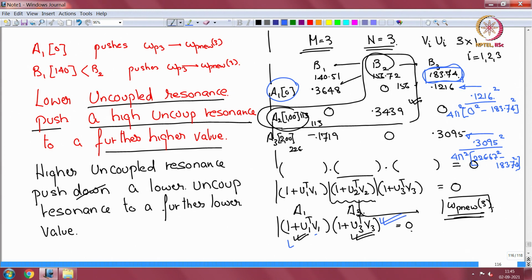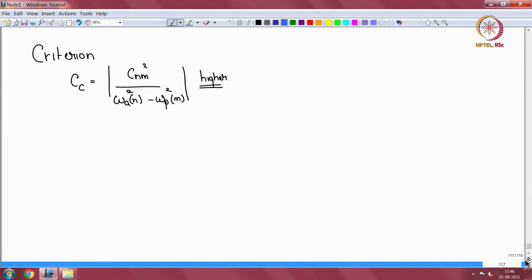Okay, so in this it turns out that this value is higher. So we will use this term. Okay, so we will use the 1 plus U3 V3 term and try to find out my omega p nu 3.